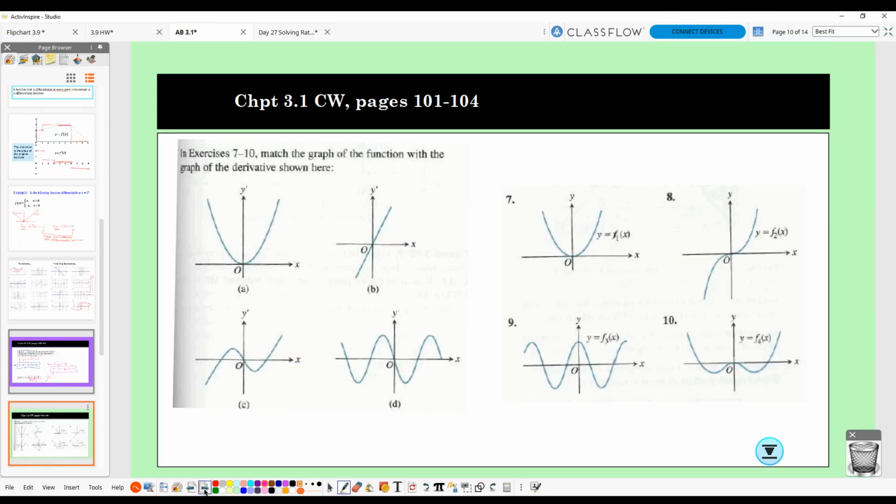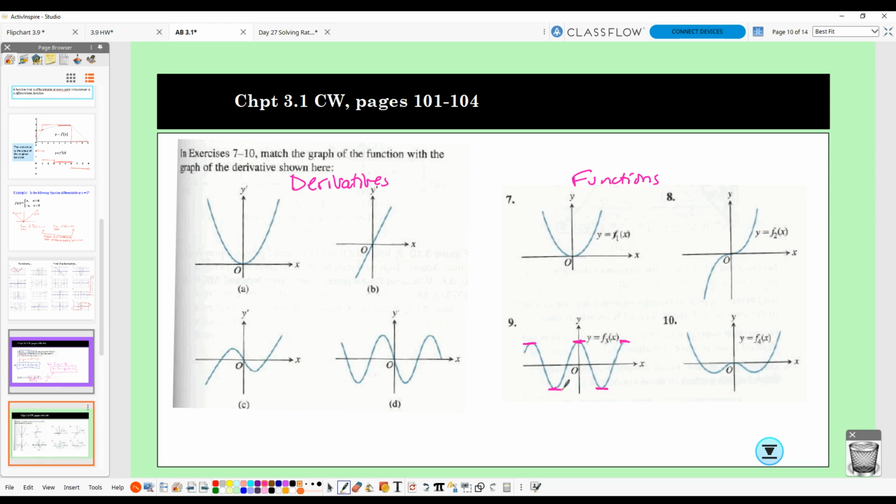Okay, pause the video again and see if you can match up the equations. These are the derivatives. These are the functions. So this function has a 0 in all of these places.